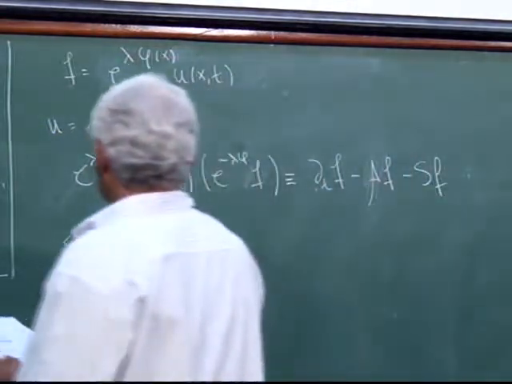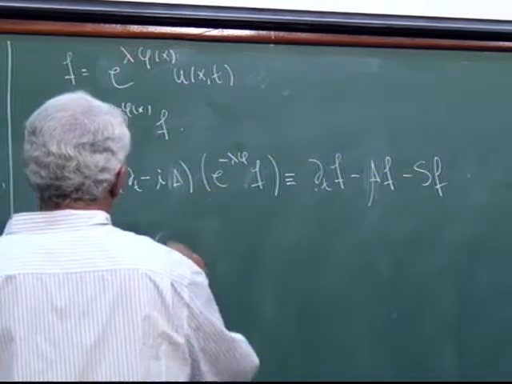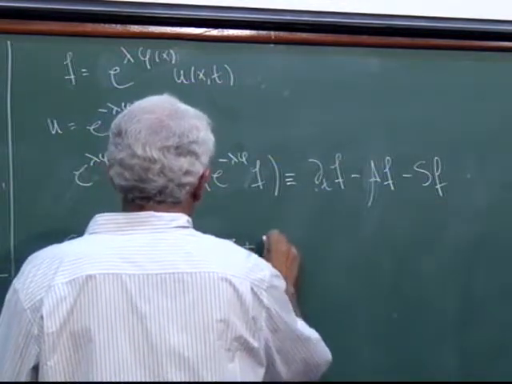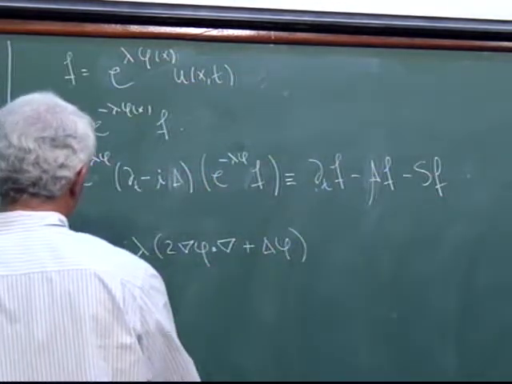Where S is the symmetric part, that is minus i lambda 2 gradient of phi gradient plus Laplacian of this. A is this part.